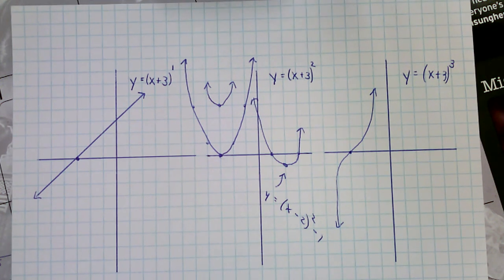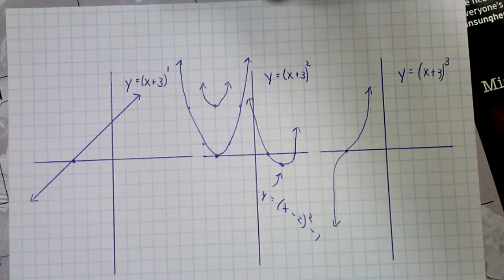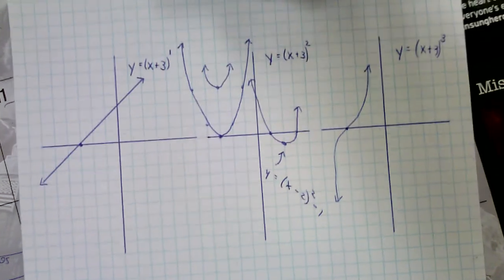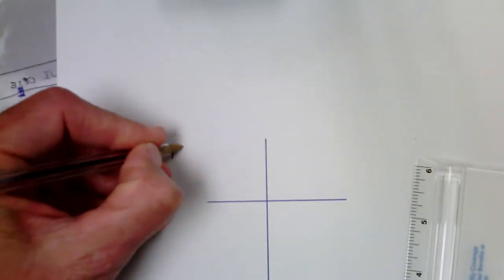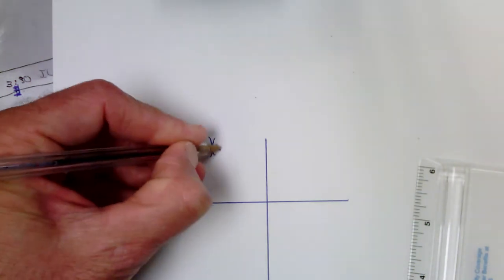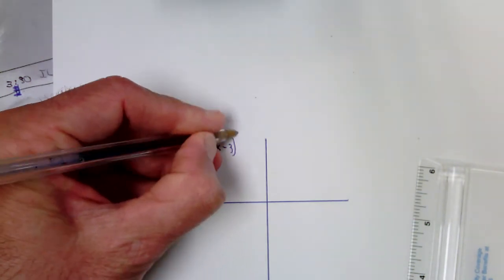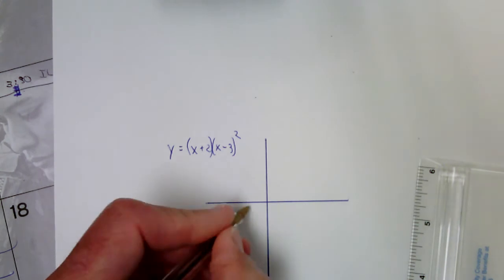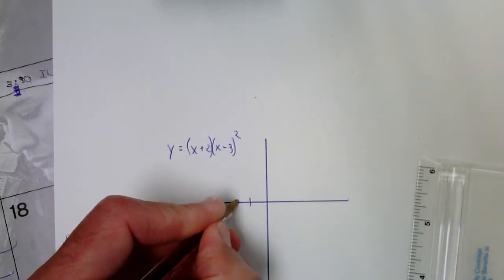Now the second thing that I'd like to point out down here, and I'll go over to the back side, is when you're rough sketching your graphs. If I say I want a rough sketch of y equals (x plus 2)(x minus 3) squared, this means we're going to have one intercept at negative 2.